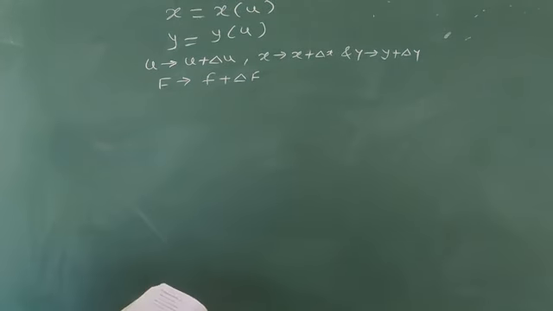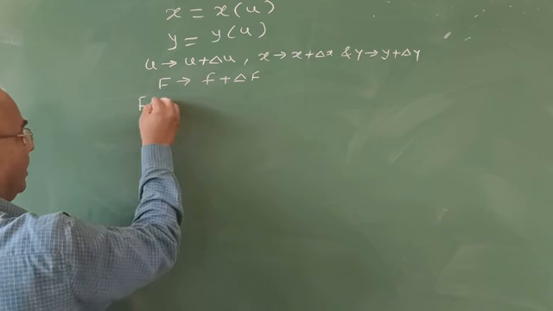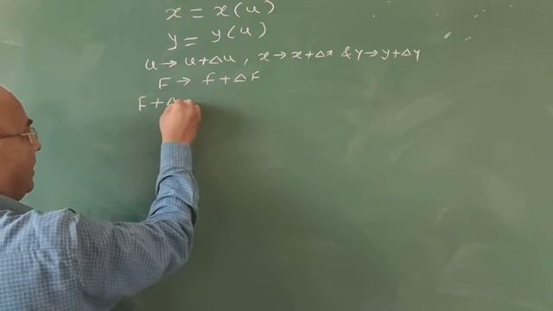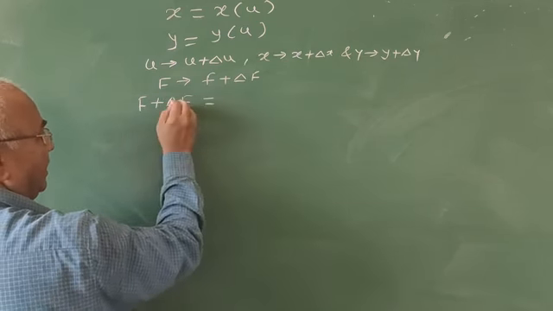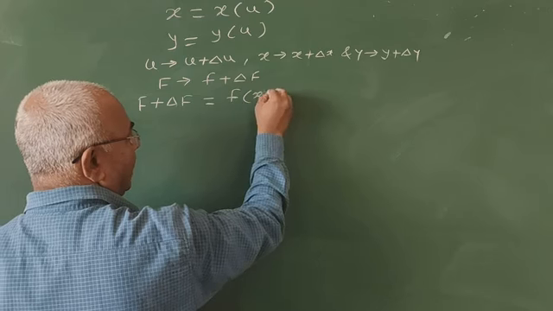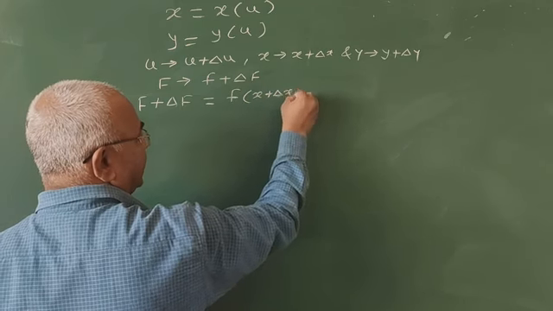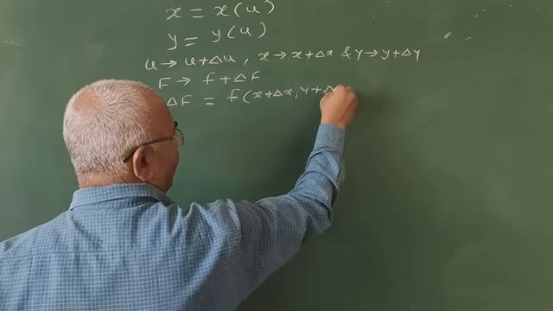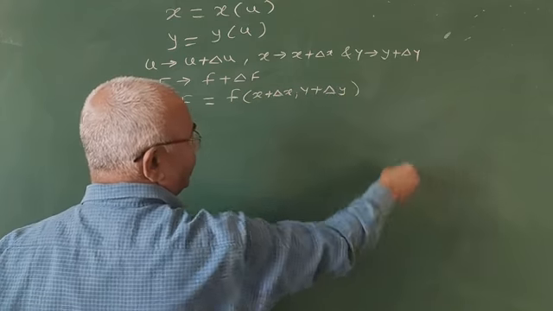And here f plus delta f is given by f of x plus delta x, comma y plus delta y.